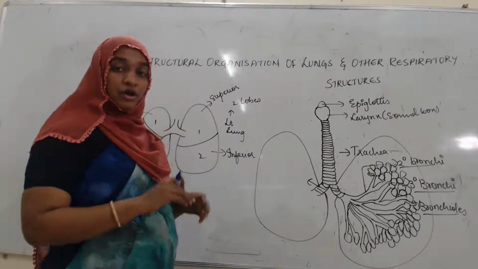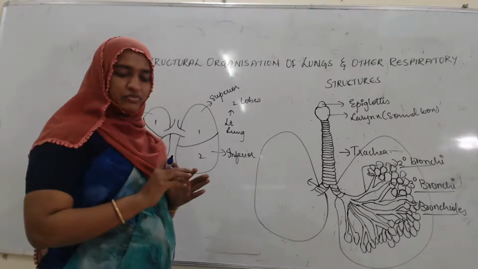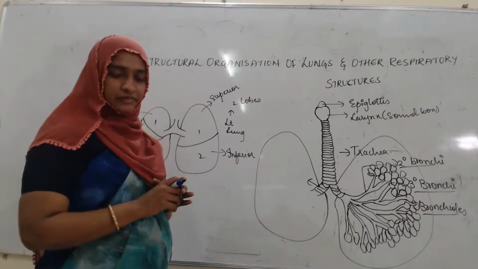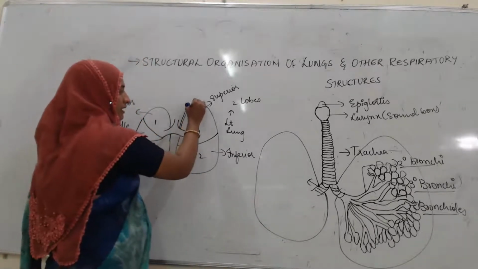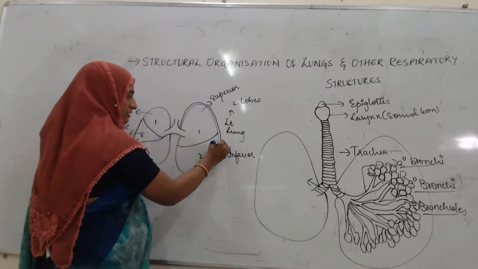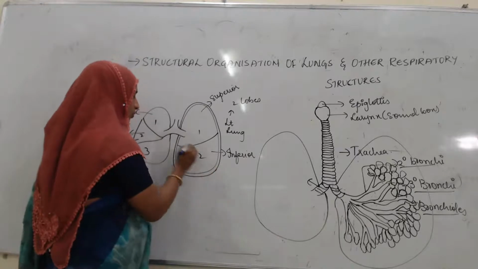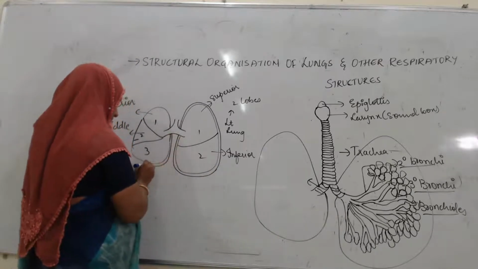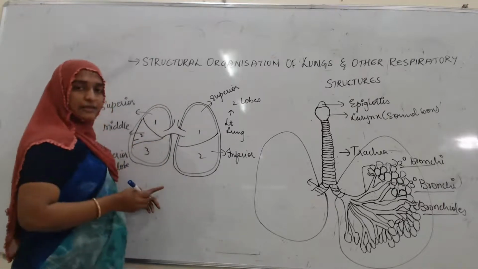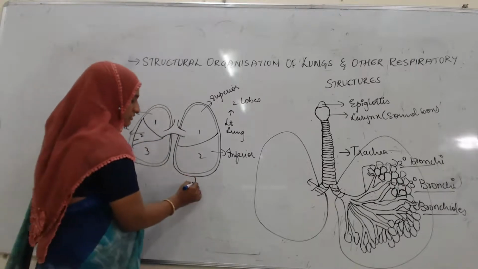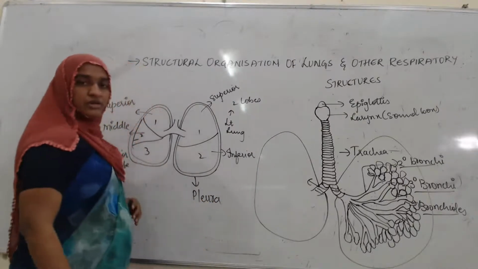So altogether, over these lungs there is a presence of thin membranous layers. What is it? There is a thin membranous layer over the lungs, and these thin membranous layers are known as the pleura. What is it known as?